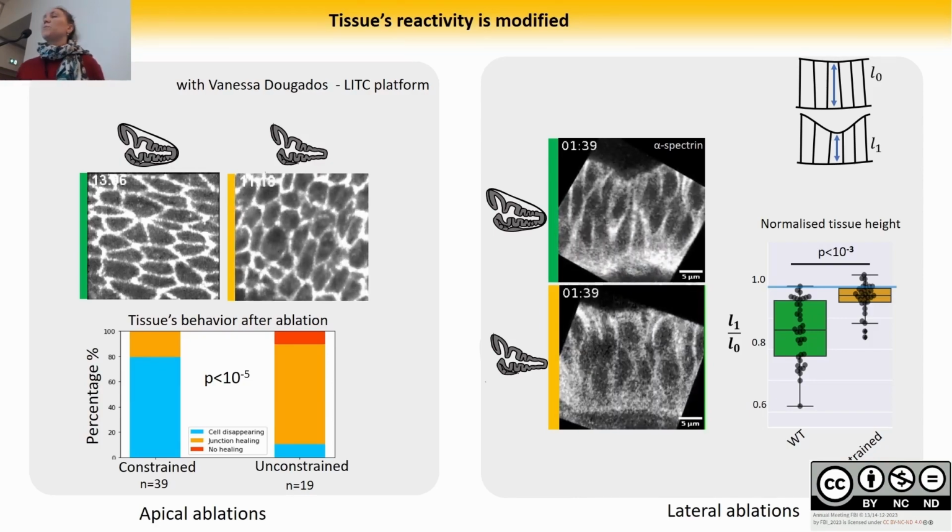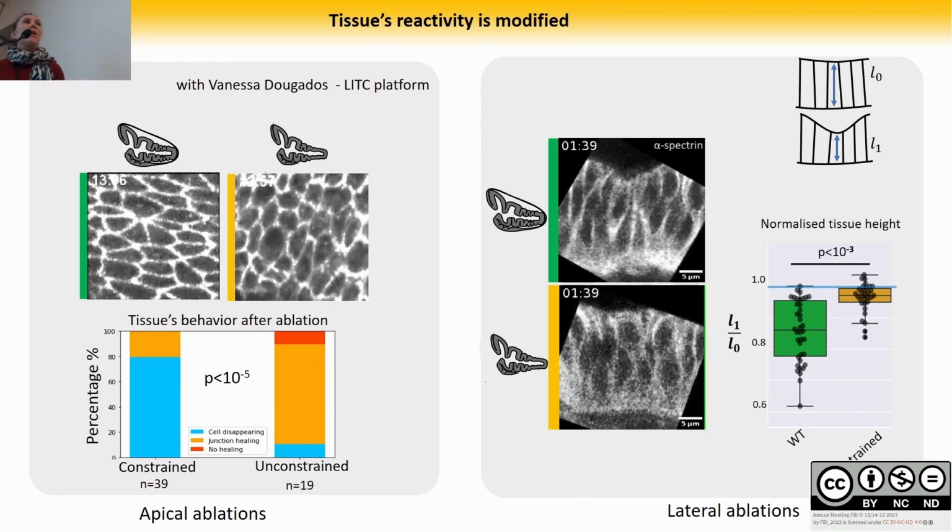And this is summarized here. This is something I was not expecting, and so I called that tissue's reactivity. Maybe there is a better word to call it, but it's the way the tissue reacts after a stimulation, here an invasive ablation. And this raised for me the question of the dynamics of the myosin.